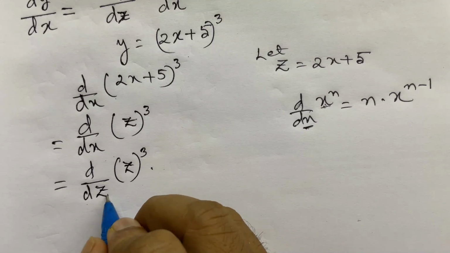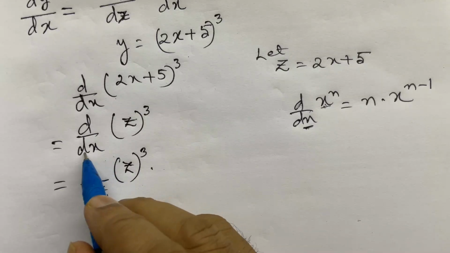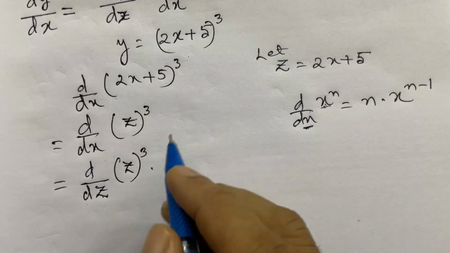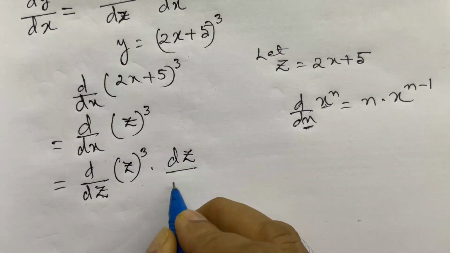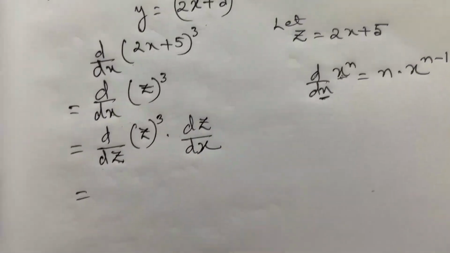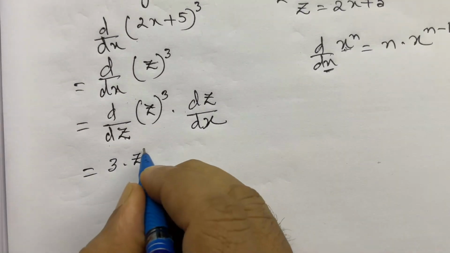Now, instead of dx we have written dz. So now we can get 3z square.